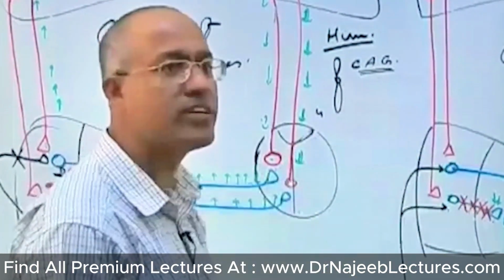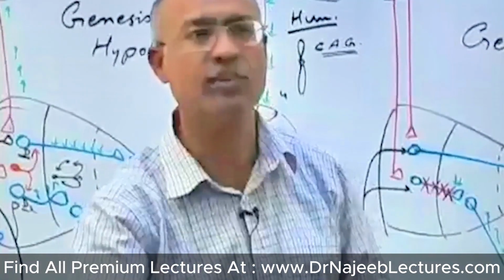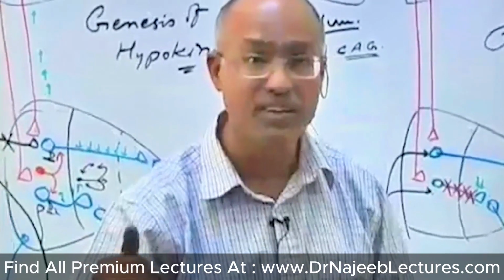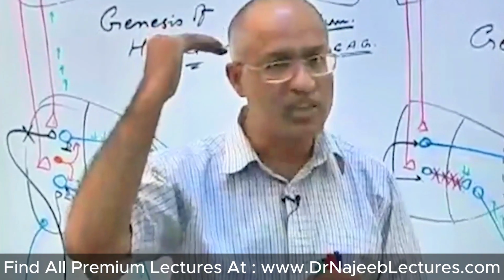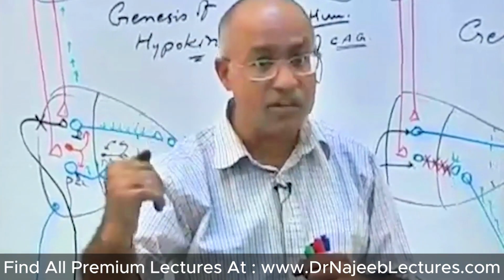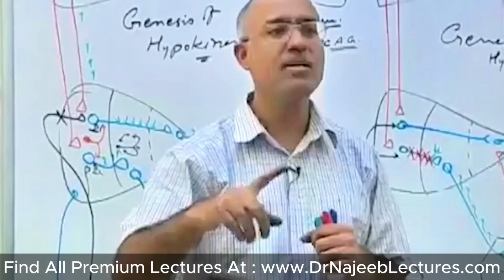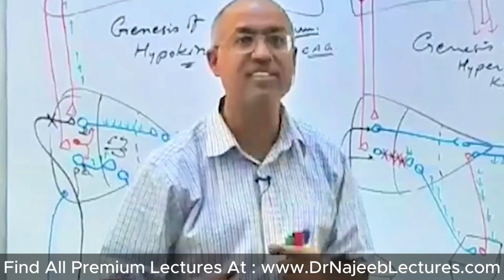For example, trinucleotide repeat diseases get progressively worse generation after generation. So Huntington's chorea also gets worse generation after generation. Father has less severe disease, son will have more severe disease, grandson will have very severe disease. Secondly, because after every generation trinucleotide repeats amplify, disease gets worse.